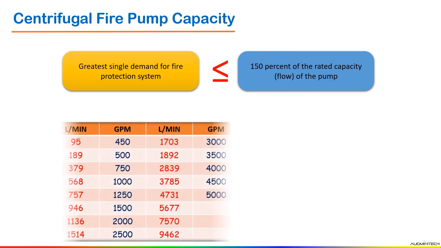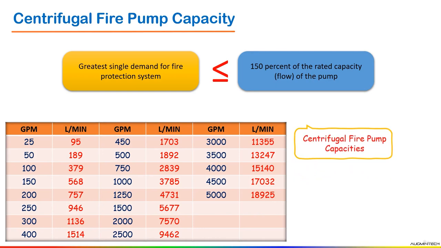Okay, now here we have one table. In this table centrifugal fire pump capacity is given, some standard capacities are given: 25 gpm, 50 gpm, 300, 400, up to 5000 gpm rating. So remember one point, a centrifugal fire pump shall have one of the rated capacities in gpm, any capacity as per your requirement you have to select, but remember it shall be rated at a net pressure of 40 psi or more.